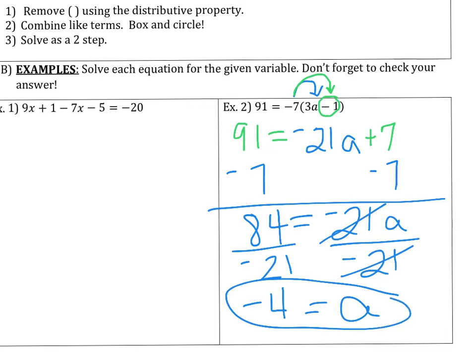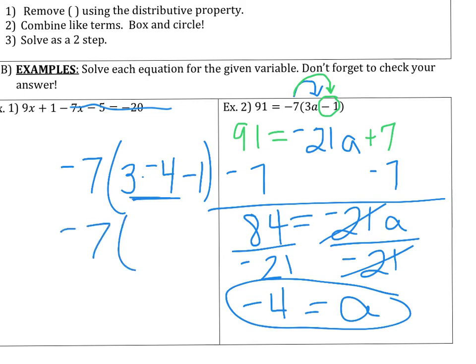So if I want to check my work, I could type it in Desmos. I'm going to run through the check really quick in this extra space over here. Let's say I want to check to make sure this is equal to 91. So I have negative 7, and then in parentheses I have 3 times, I figured out that a is negative 4, minus 1. We're going to work inside the parentheses here.